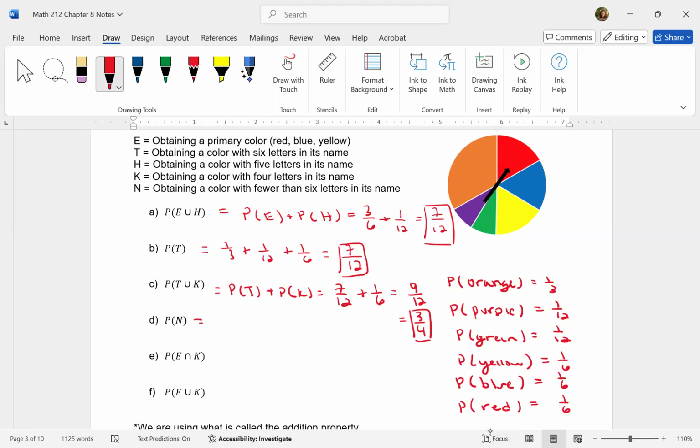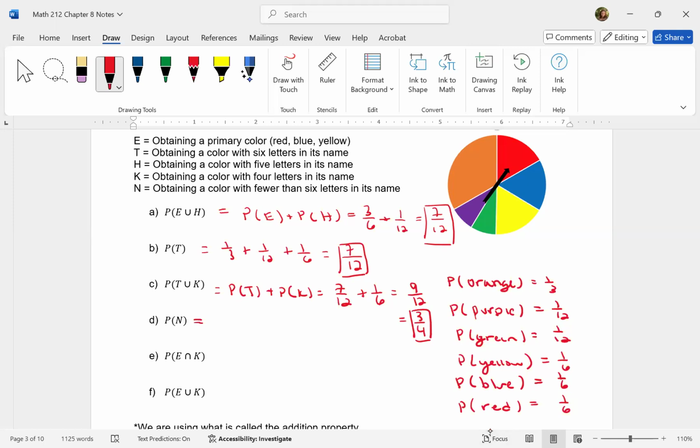Colors with fewer than 6 letters. There's a few that qualify, right? Basically anything but the 6 letters. The 6-letter ones were the probability of T, which was 7/12. So that's going to end up being 5/12.